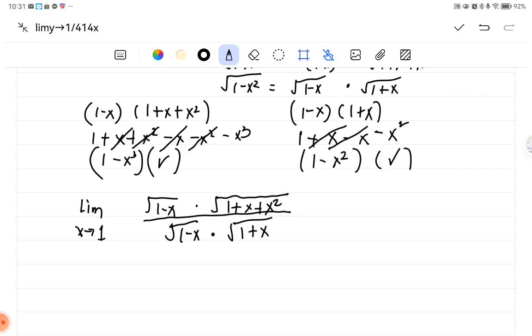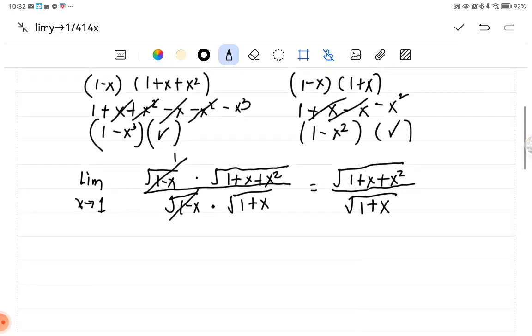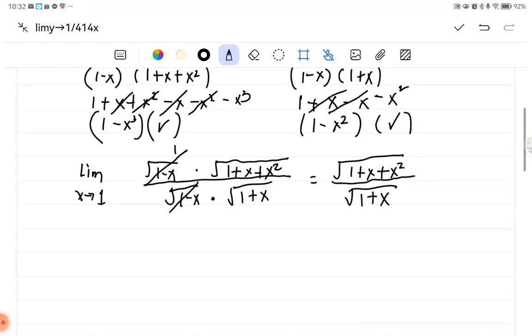Since we have a common factor here, the value will simply be 1. So we will arrive with the square root of 1 plus x plus x squared all over the square root of 1 plus x. Now, we substitute the value as x approaches 1.